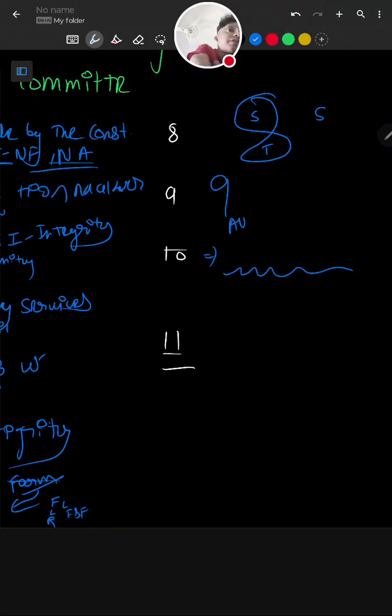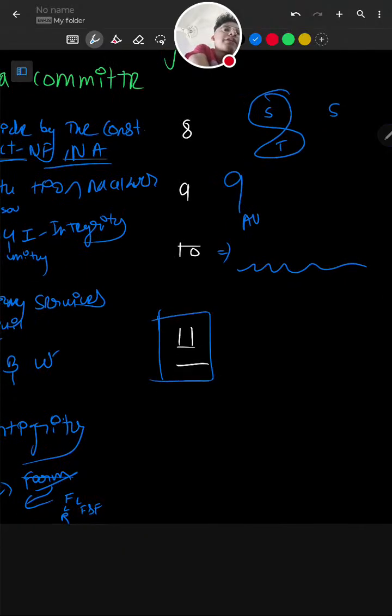The 11th is the one which was added later on. The other 10 were made before the 26th of November of 1949, when our constitution was officially made. But we made this constitution official to the public and the whole world on the 26th of January of 1950.